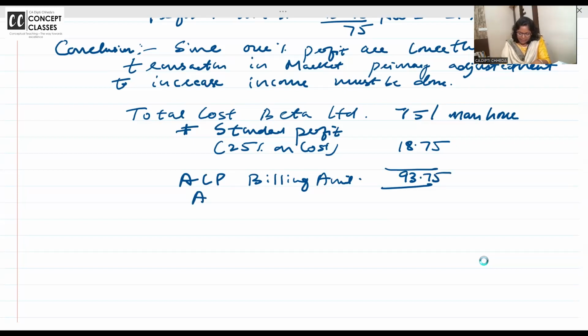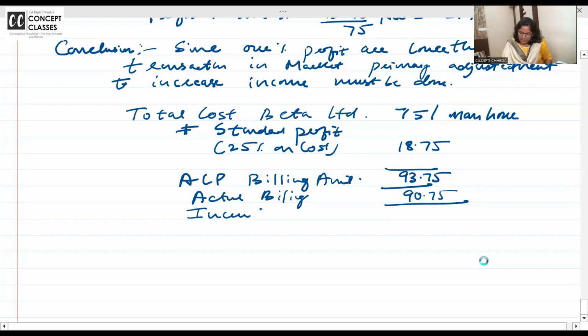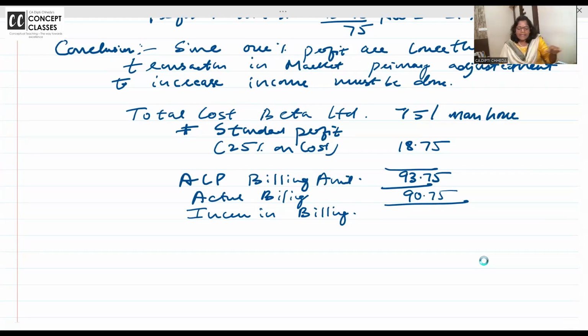But actual billing, हमने तो बिलिंग कितने से की है? 90.75. Increase in billing. बढ़ा दो अपना प्राइस. $3 per man hour और वो भी सिंगापुर डॉलर्स.